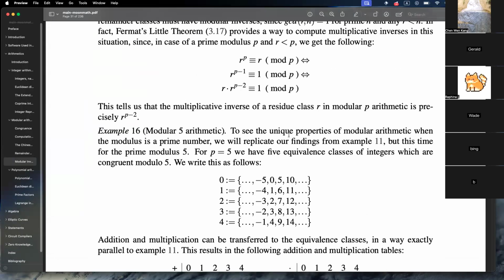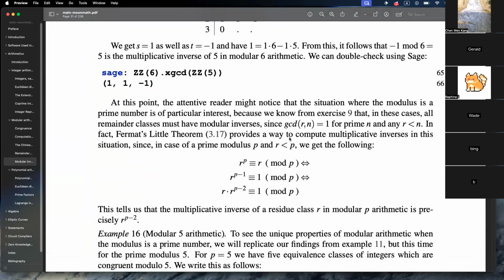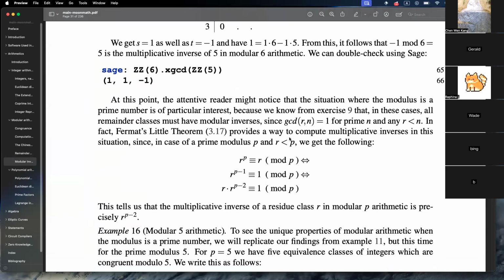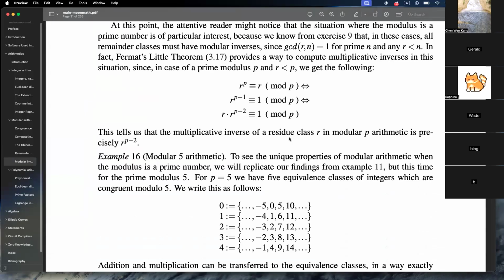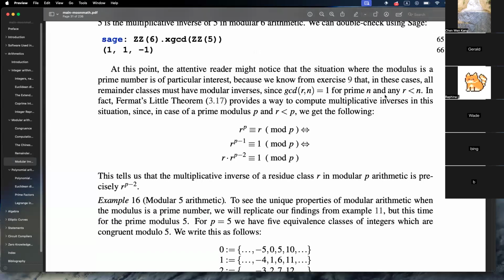For example, for the value 2 in modulo 6 arithmetic, there is no inverse for 2 because 2 and 6 are not coprime. Sorry, I said the wrong thing. 2 and 6 have a GCD of 2, not 1. So that's why they are not coprime, and that's how you know. In that case, there's not really a multiplicative inverse of 2.